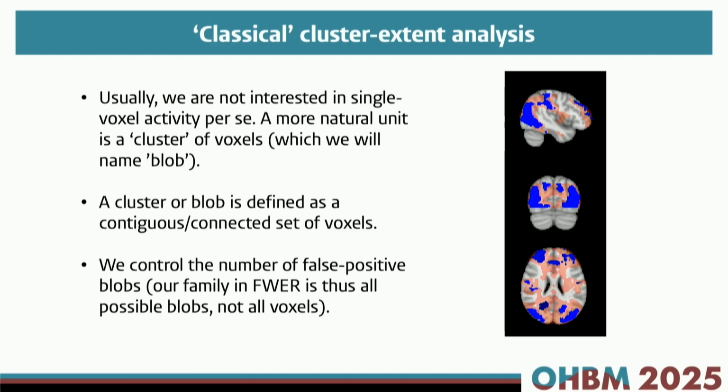So here you can see in blue, if we threshold the data at a relatively low level and see what remains, the blue blobs of activation remain. What we control then, our family, is not all the voxels, but the set of blobs that we find. So we control the number of false positive blobs.